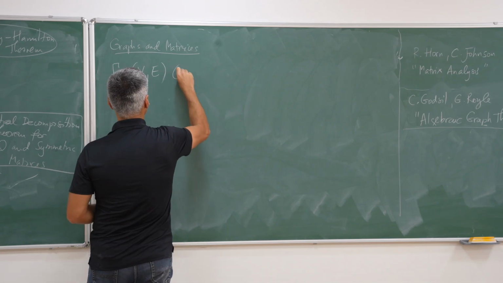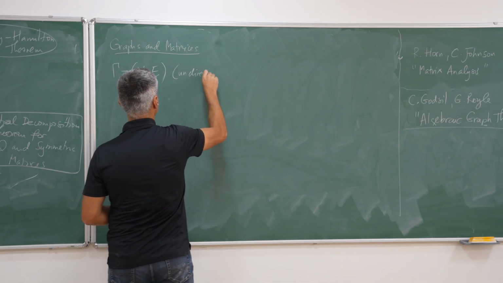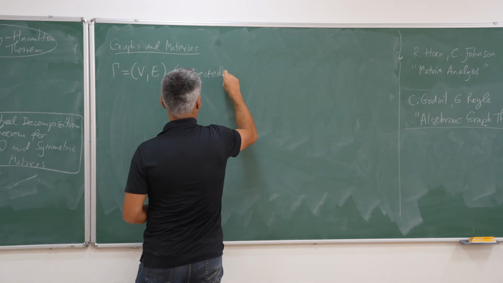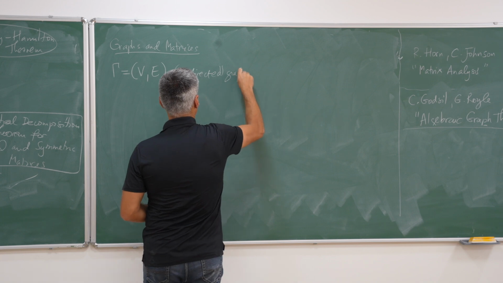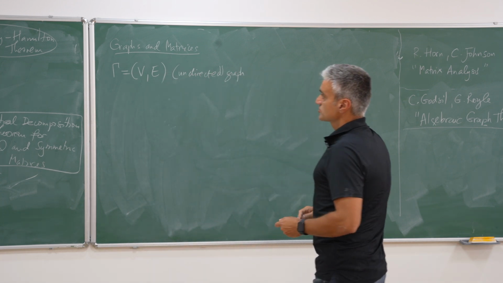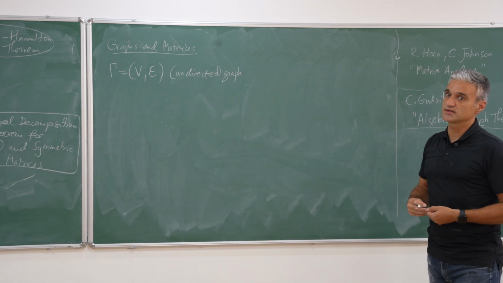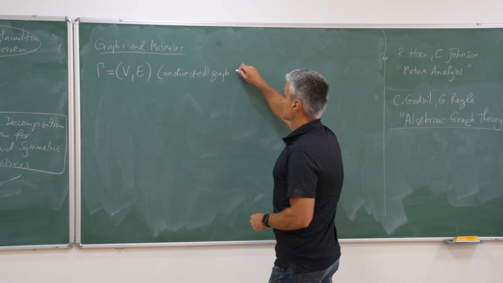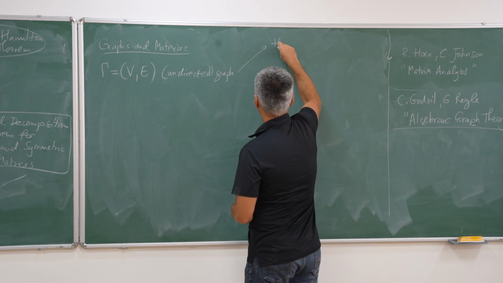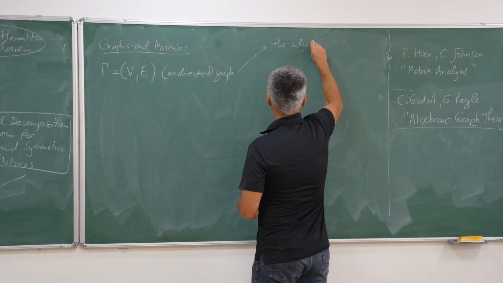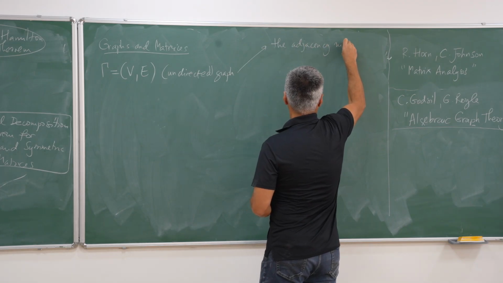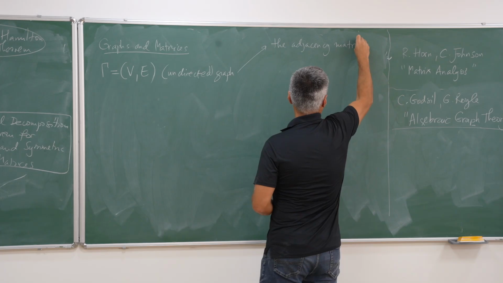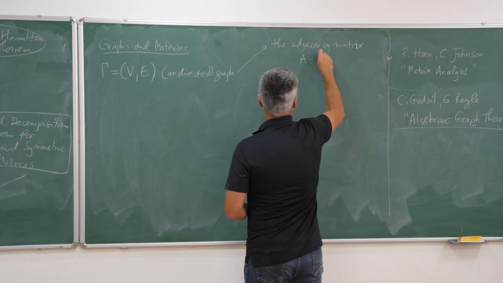Again, this will be an undirected graph. And to a graph, you can associate infinitely many matrices. You can define all kinds of matrices. The most popular one is going to be the adjacency matrix. This will be A of gamma.